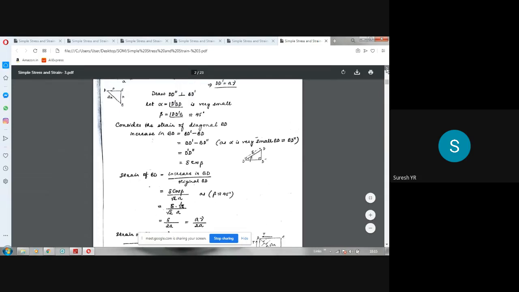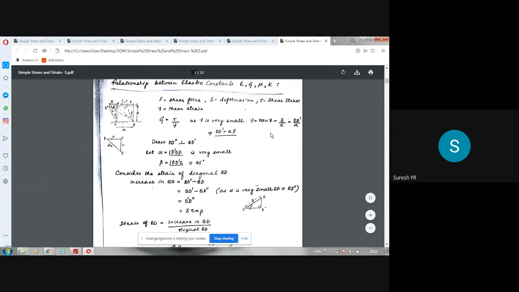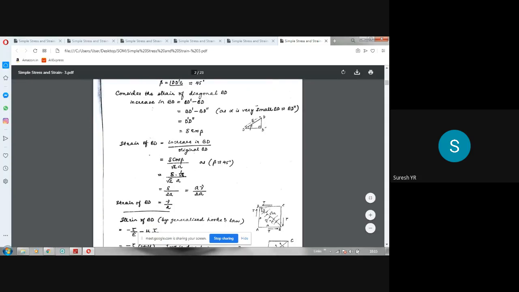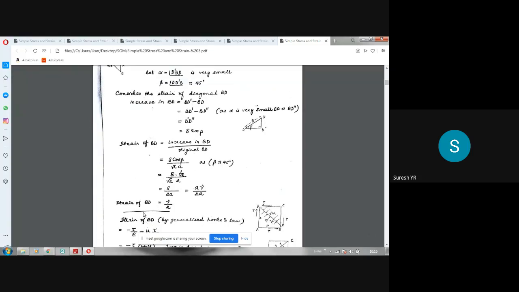Put that in, and then A and A cancel, so you get gamma by 2. So the strain of BD is gamma by 2, where gamma is the shear strain in radians.